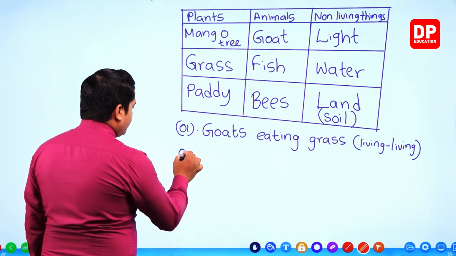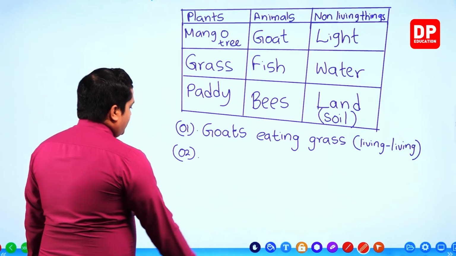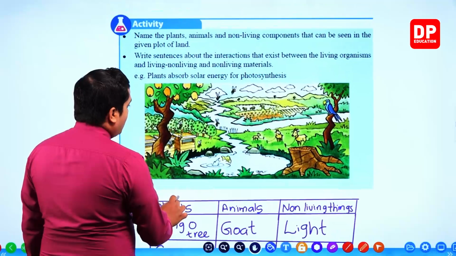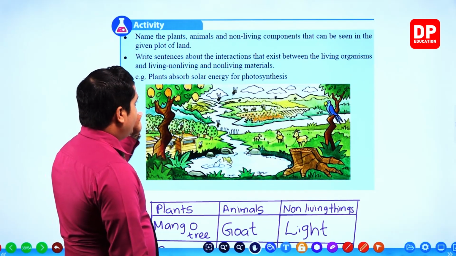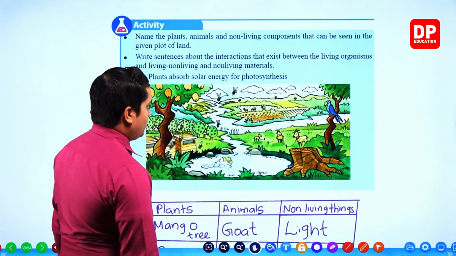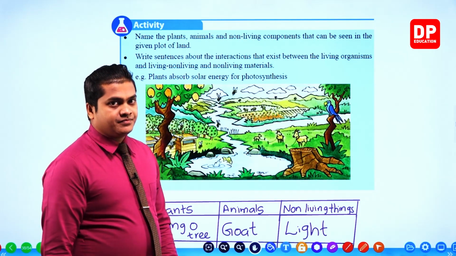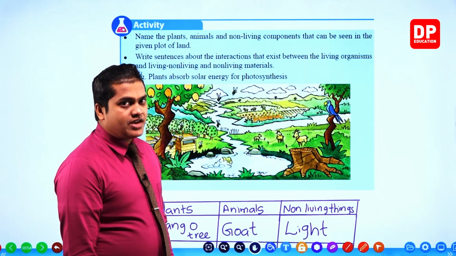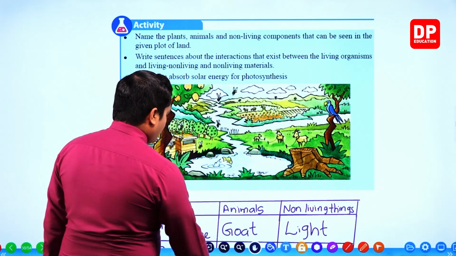Then number 2, then we have to write down living non-living relationship. I'll write one each, one from living, one from living non-living and non-living. Okay, so here you can observe a fish living in water, right? Fish living in water, living, non-living relationship, water non-living, fish living.